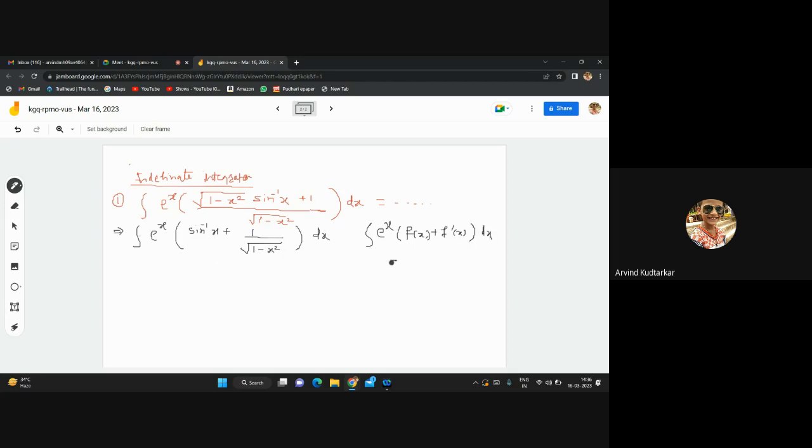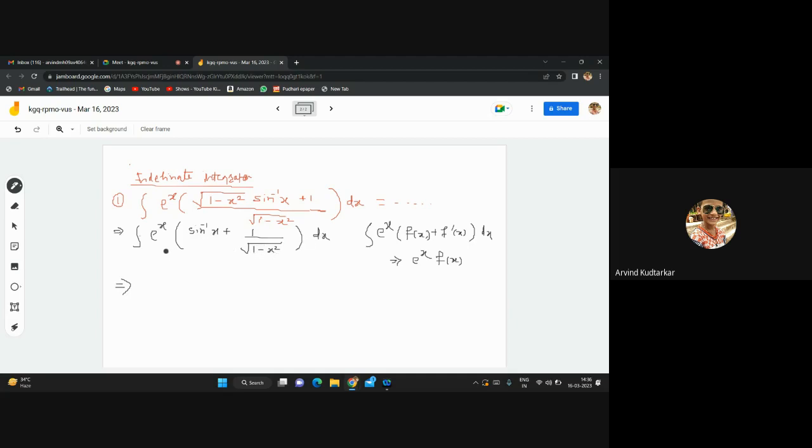Its solution will be e raised to x into f of x. So the same type of functions are here. Here f of x is sine inverse of x. What is the derivative of sine inverse of x? It is 1 upon root of 1 minus x square.